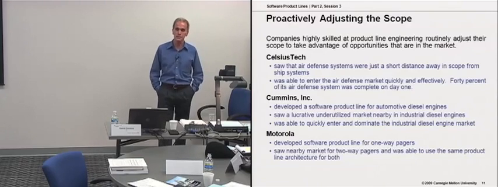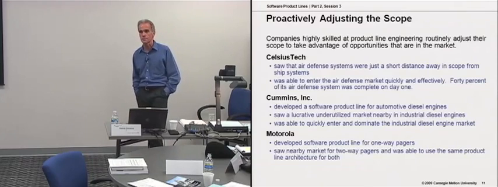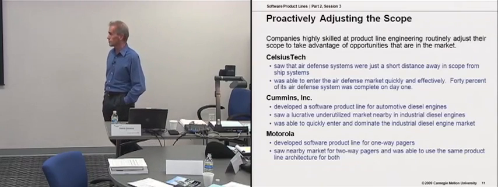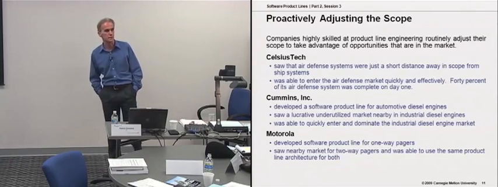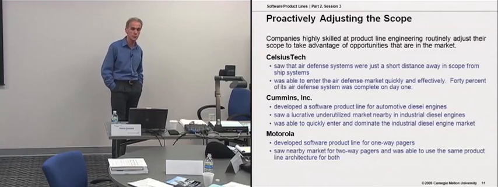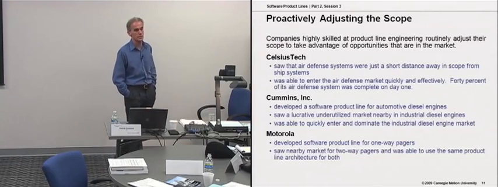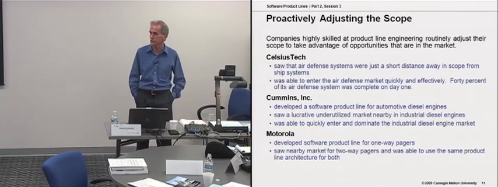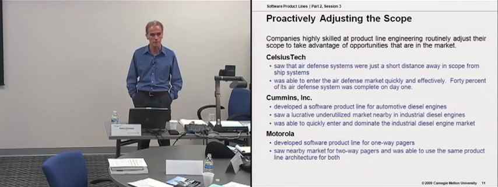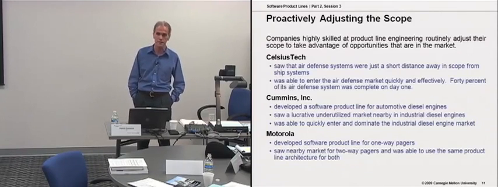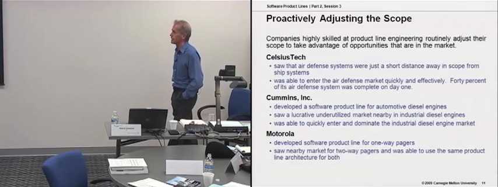So on the basis of the capabilities they had established for Ship System 2000, they were able to go after this air defense market and get into it very quickly because they already had a substantial amount of the product components and the core assets to support that.